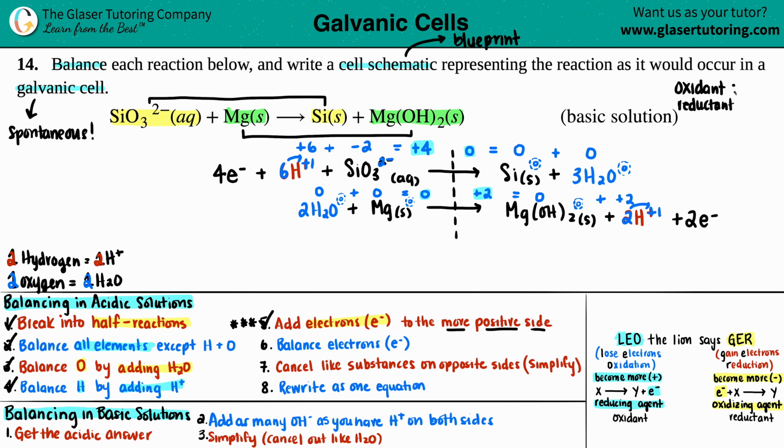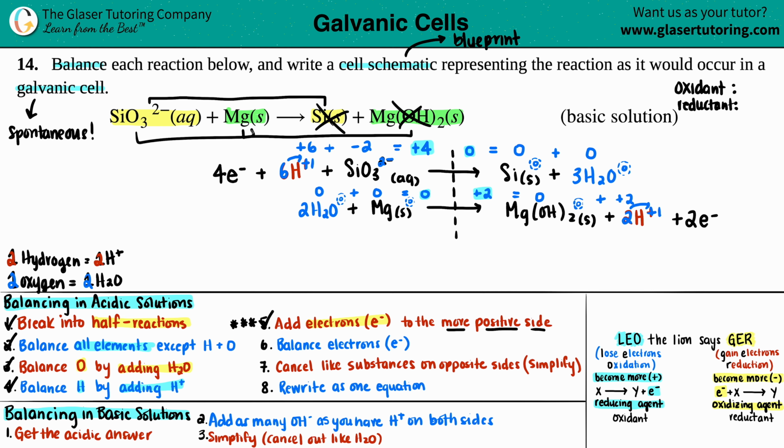Once you have those electrons of your half reaction set into place, you can find out which one of these 4 was the oxidant and which one is the reductant. Now just know that your products are never going to be an oxidant or a reductant. And also just know that an oxidant is a reducing agent and a reductant is an oxidizing agent. So just know that your products are never going to be those.